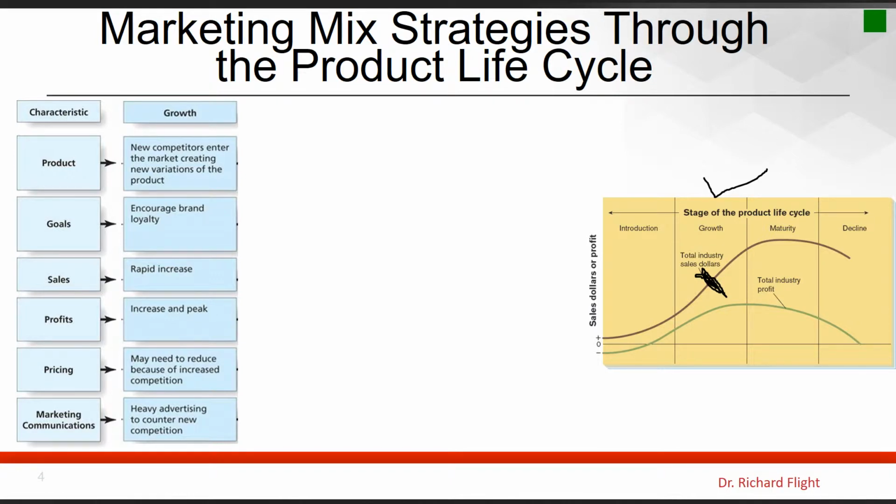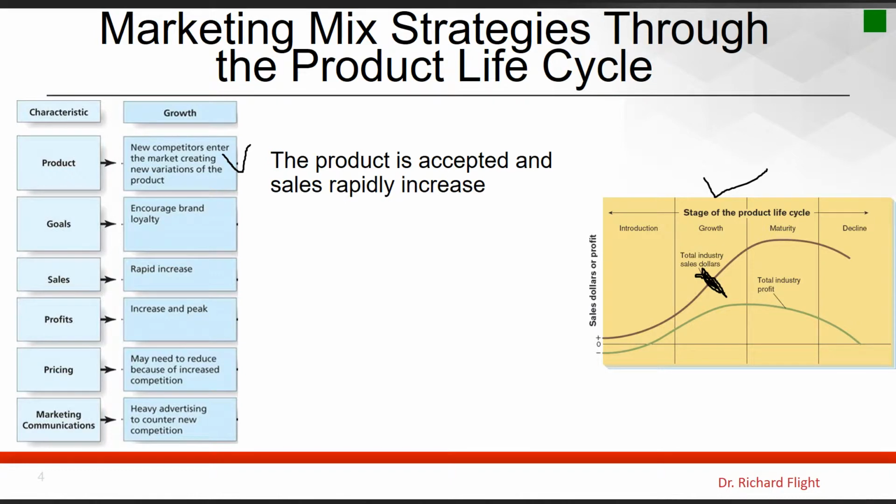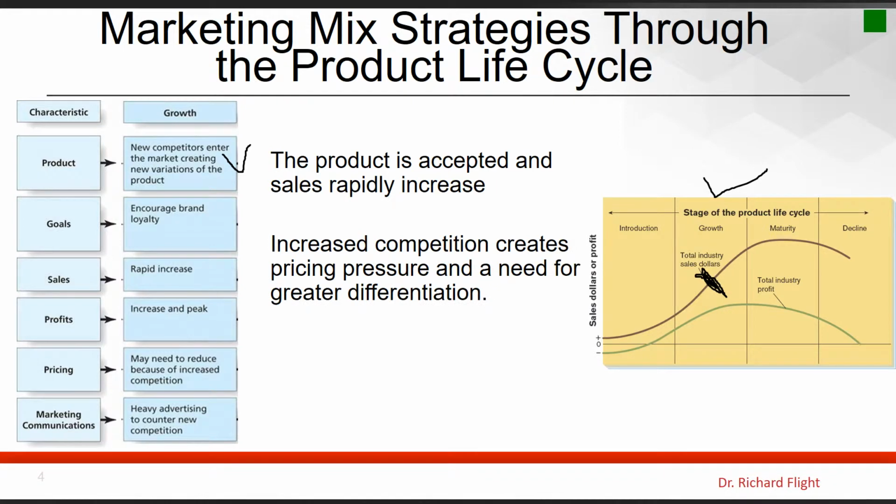A lot of times we have new competitors entering the marketplace at this particular time. This is, of course, a challenge for us because these competitors see that the product is becoming more popular because of sales, so they want to jump into this product category to try to ride this star up and really take advantage of its popularity.